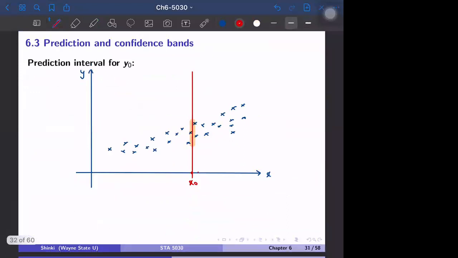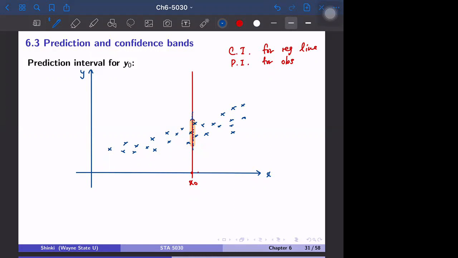Okay, so next, the prediction interval. The confidence interval is for the regression line, and the prediction interval is for observations. Maybe the prediction interval is more intuitive. A prediction interval at x equal to x0 means that if a new observation is on this red line, 95% of the observations belong to this interval.